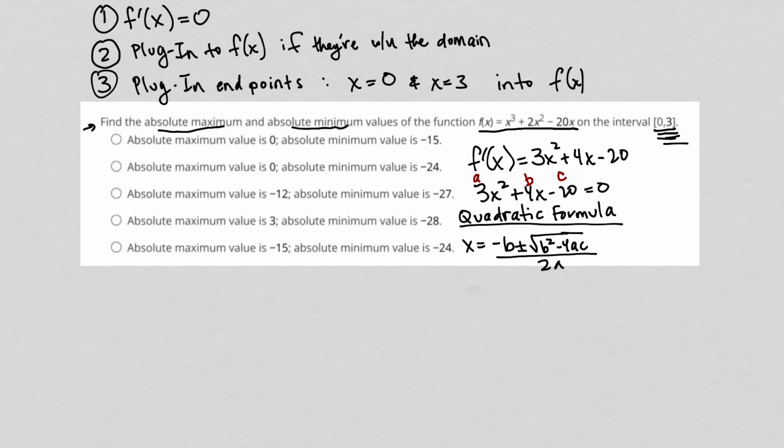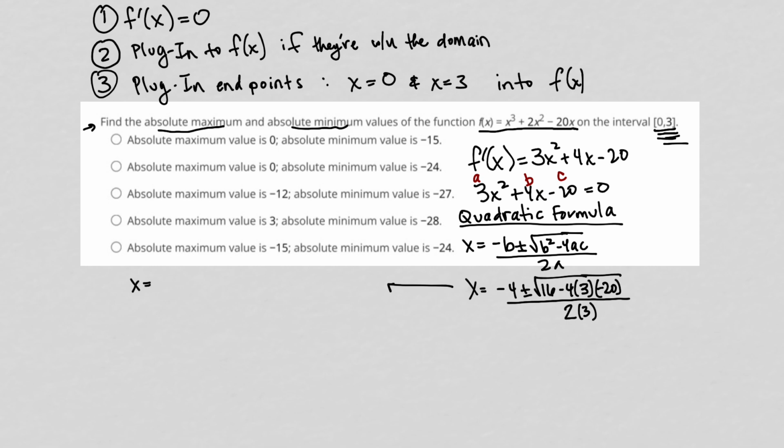So I plug all that in, I get x equals negative 4 plus or minus the square root of 4 squared, which is 16, minus 4 times 3 times negative 20, and that's all over 2a. Since a is 3, I'll put 6 there. So let's simplify this.